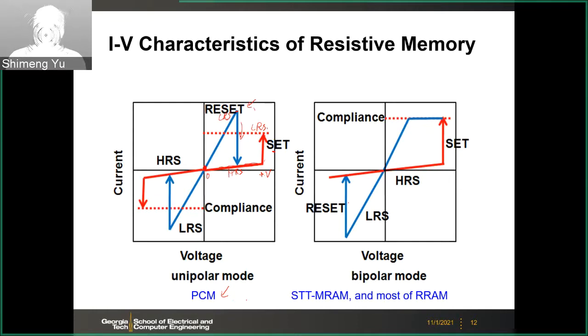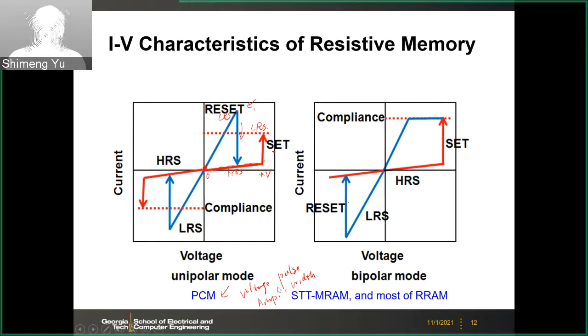You have to play with the voltage pulse, like amplitude or the pulse width, to trigger the set and reset in the phase change memory. But you can apply the same polarity, you can apply both positive and negative, because in the phase change memory, what matters is the temperature in the device.